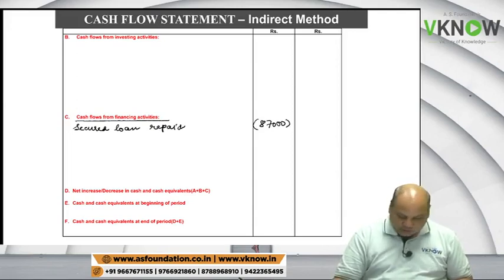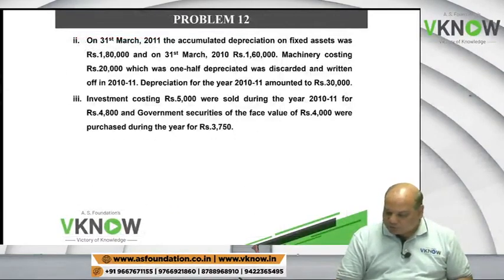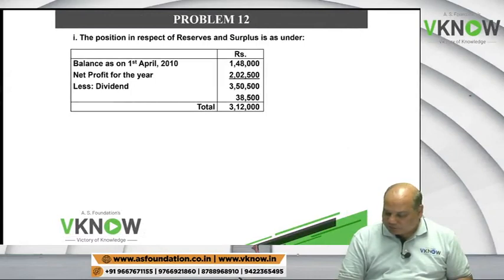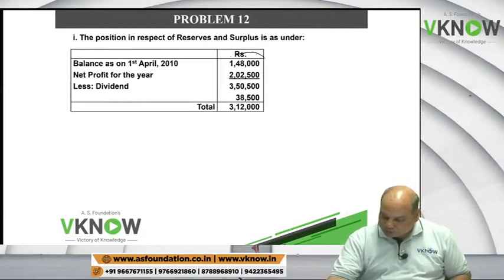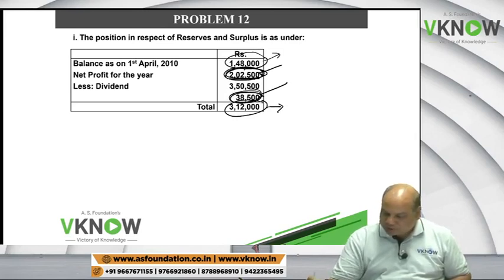Reserve and surplus. For reserve and surplus, come to adjustment number 1 on the screen one more time. Opening is this figure, appearing in the opening balance sheet. Closing is this figure appearing in the closing balance sheet. What we need to write is these two figures, profit for the year and dividend paid.